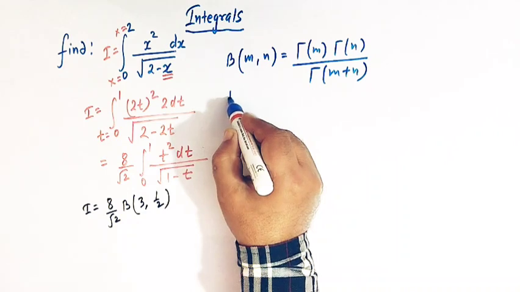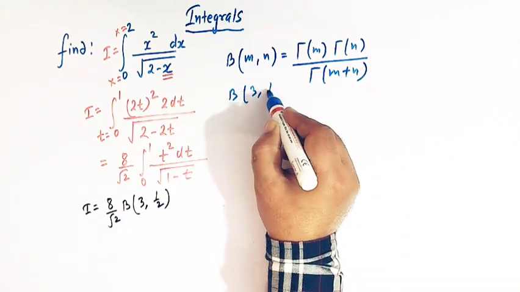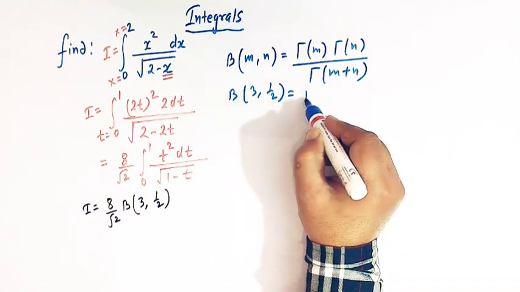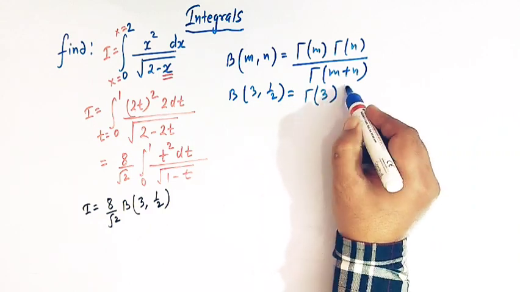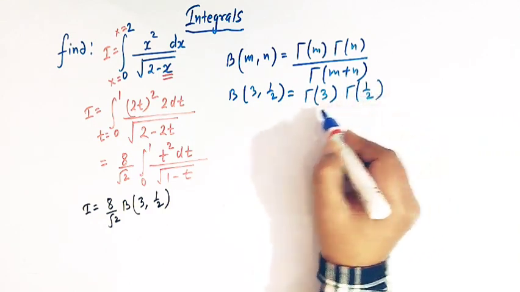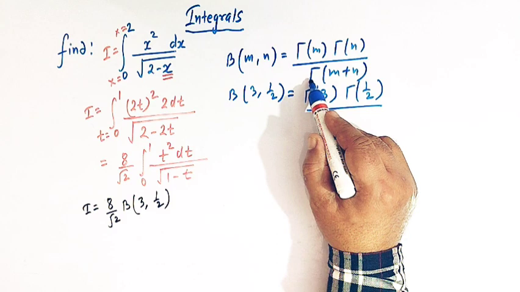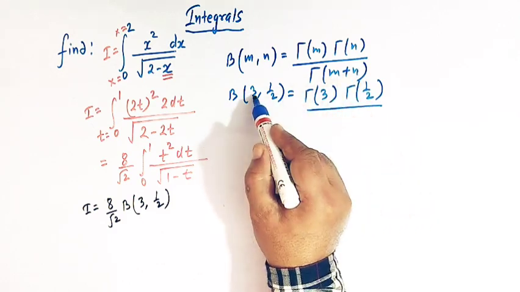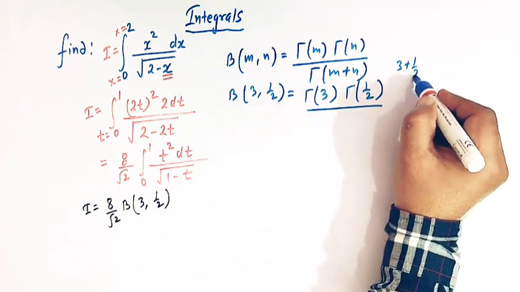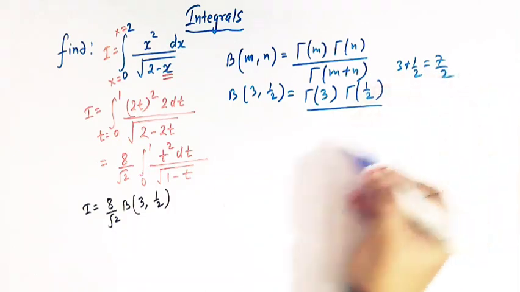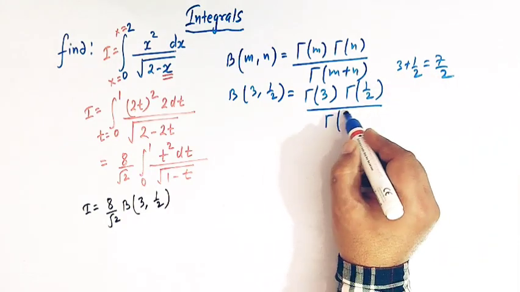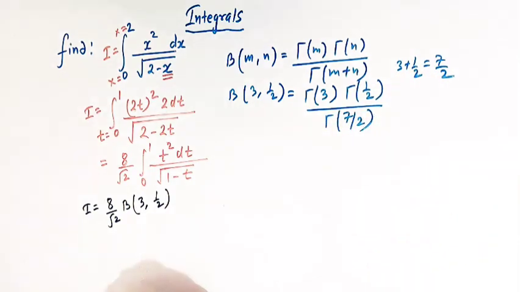So beta 3 comma half is equal to gamma of 3 gamma of half, and in the denominator we have gamma of m plus n, so 3 plus half is 7 over 2. So here we have gamma 7 over 2.